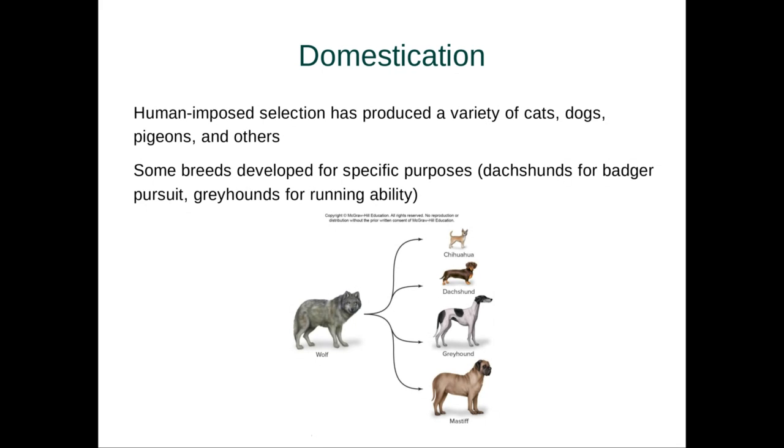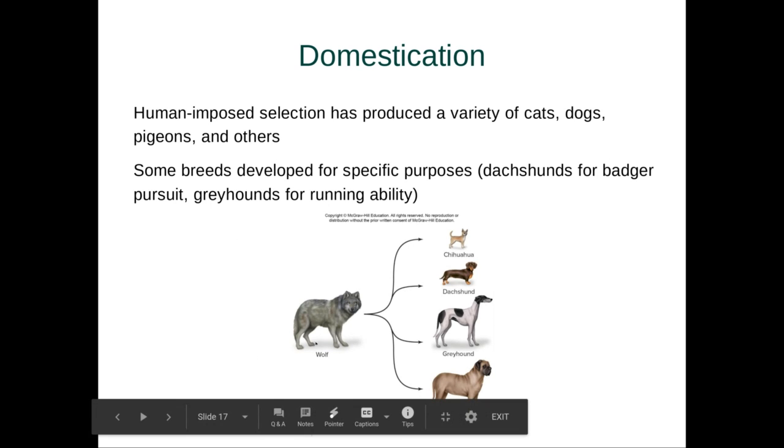Now, some domestication events occur because we want them for specific things. So, for instance, greyhounds were domesticated for running, dachshunds were domesticated for badger pursuits, in case you didn't know that. And English pointer dogs were for hunting. There's all sorts of reasons why we have domesticated certain breeds of dogs.